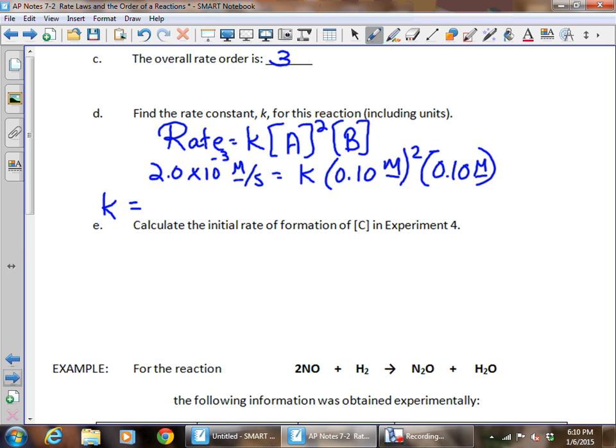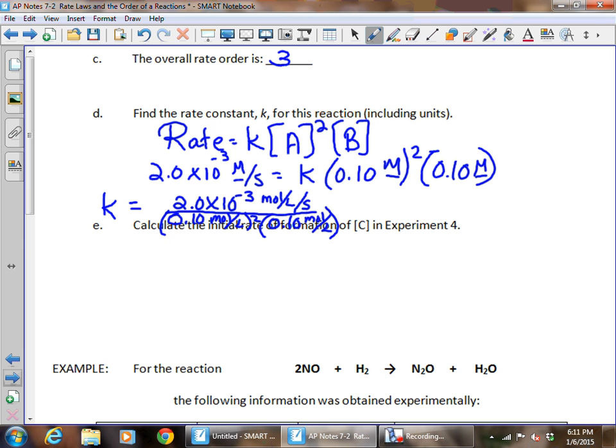So K is going to be equal to 2.0 times 10 to the negative third moles per liter per second divided by, and I'm running out of room a little bit, but it'll be okay, 0.10 moles per liter squared and 0.10 moles per liter. So I've got all my units here. Now let's think about how those cancel.